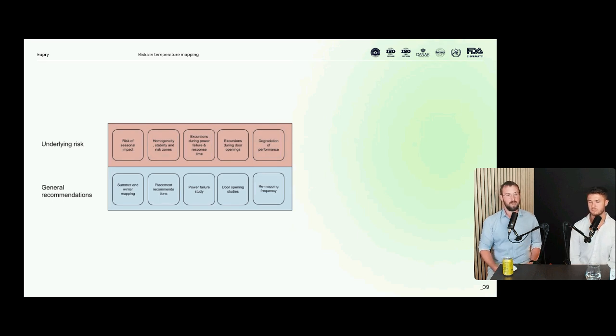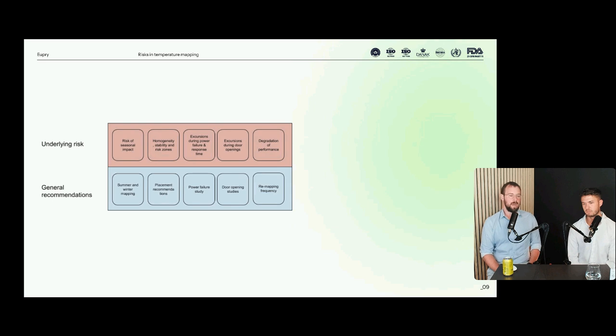Why do the guidelines recommend them? Well, it's because that is a risk. It's a risk that if there is a power failure, the temperatures will be non-compliant. And it's a risk that if you open the doors for certain periods of time, the temperatures might be non-compliant.